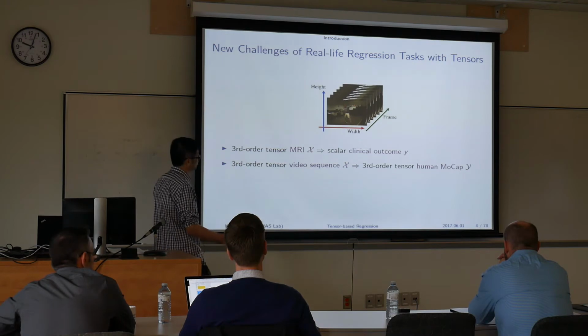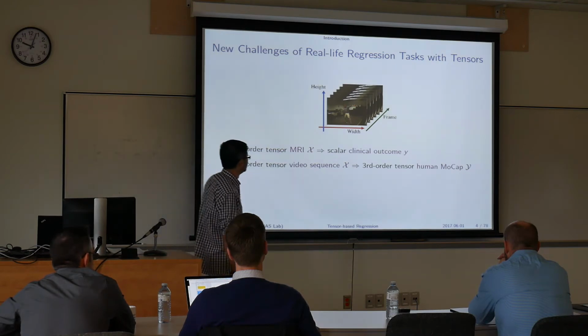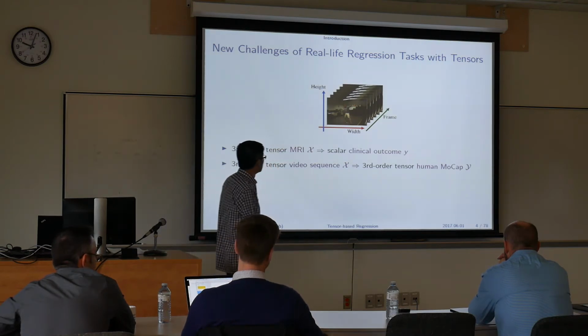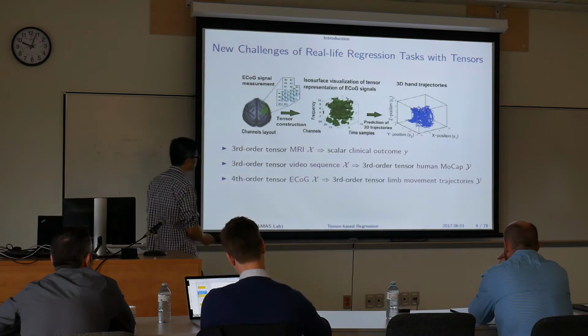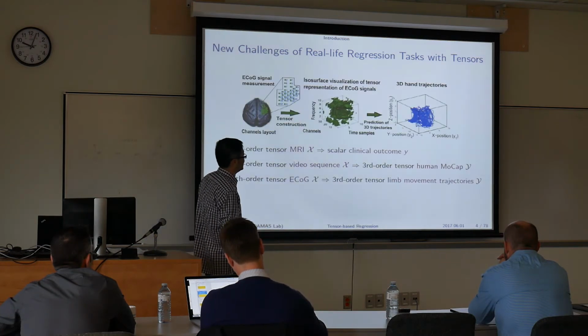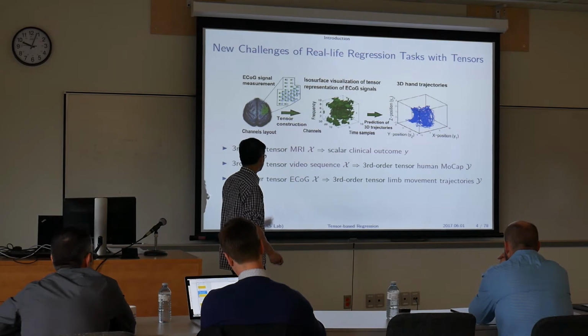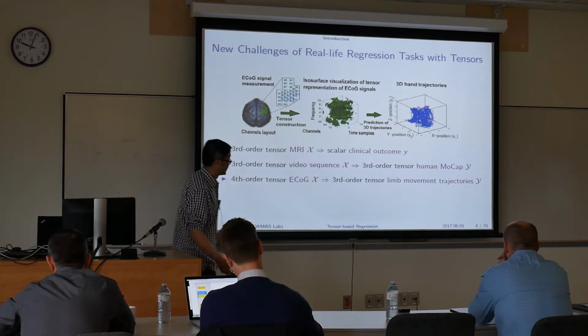Other examples are to estimate 3D human pose positions from video sequences or to reconstruct limb movement trajectories from the ECoG signals of monkeys.